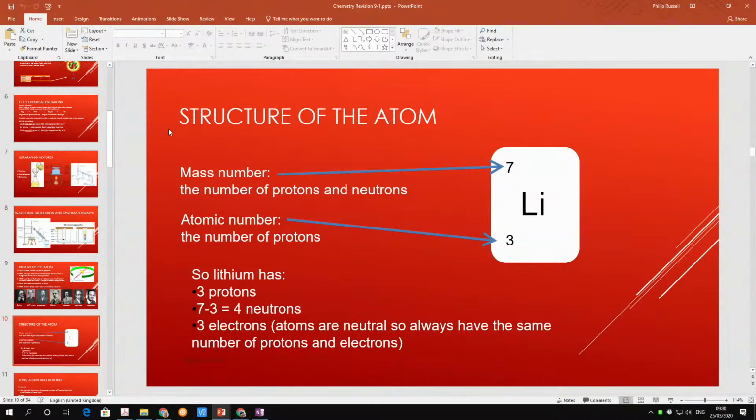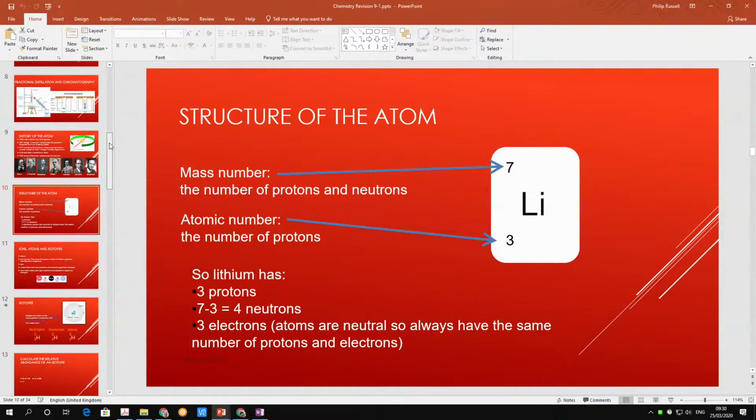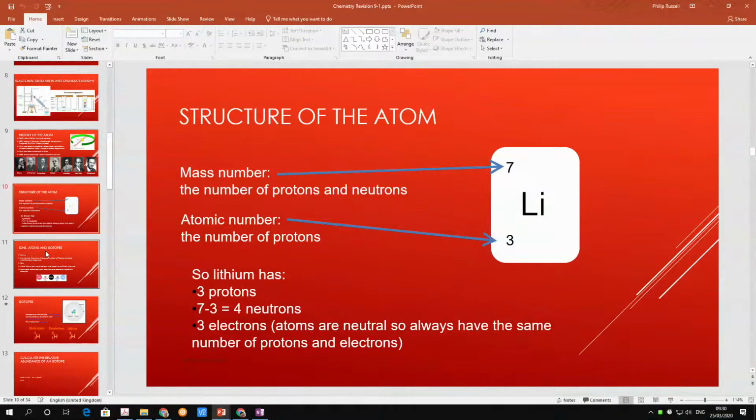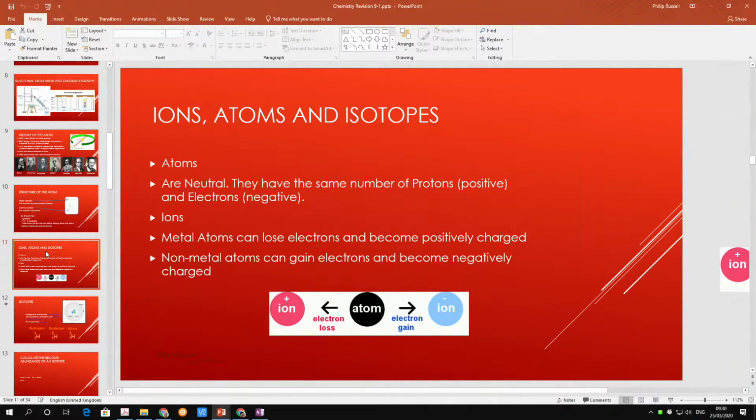Let's then take a look at what we've learnt so far. We've got the number of electrons, we've got the number of protons, and by and large we can ignore in these dot and cross diagrams the numbers of neutrons. So we don't need to worry about those too much. But now we move on to another problem of ions, atoms, and isotopes.